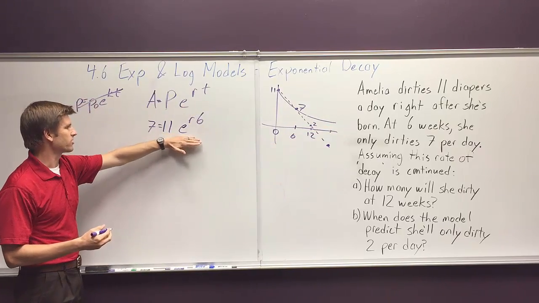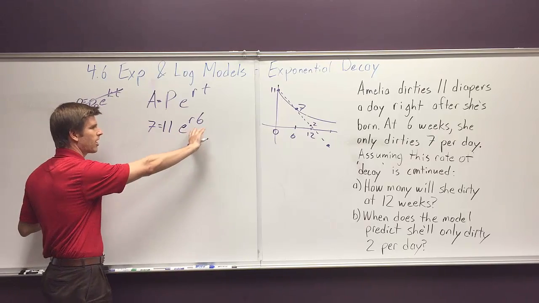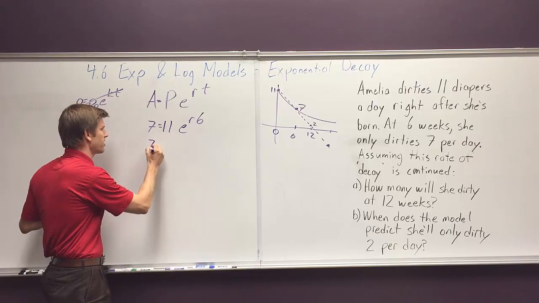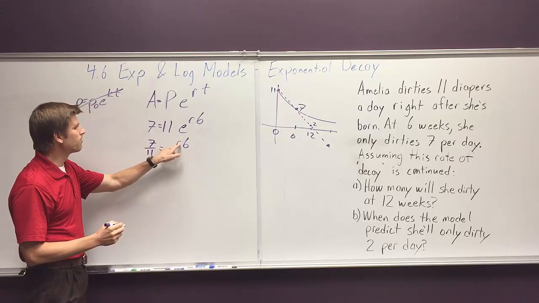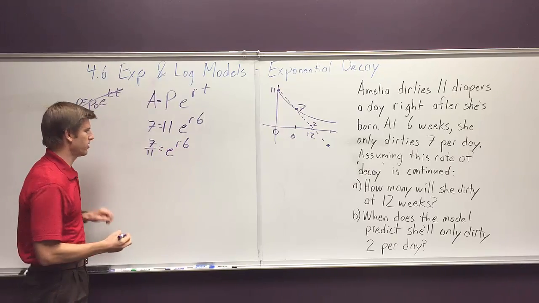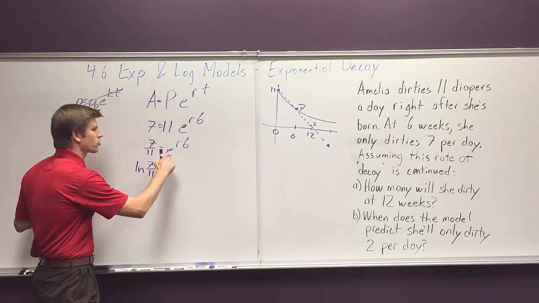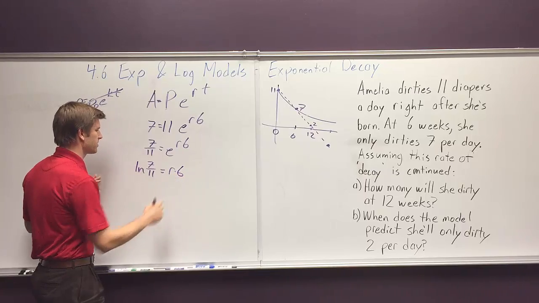So how do we solve this? Well, I need to solve for a variable in the exponent. So first, I'm going to get this in the form of a basic exponential equation by dividing by 11. Now, to pull that out of the exponent, I'll take the natural log of both sides. The natural log of e cancels, so I just get r times 6.